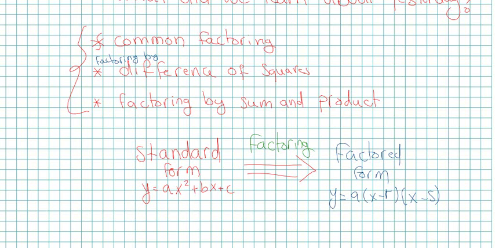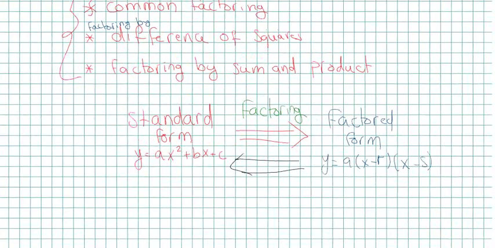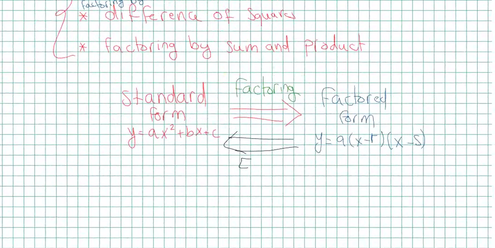Starts with an E. Expanding. That's right. So if I want to go from this to this, I have to follow the process of expanding, which you guys know also as FOIL, or it could be the distributive property as well. Okay? So we're putting all these forms together.